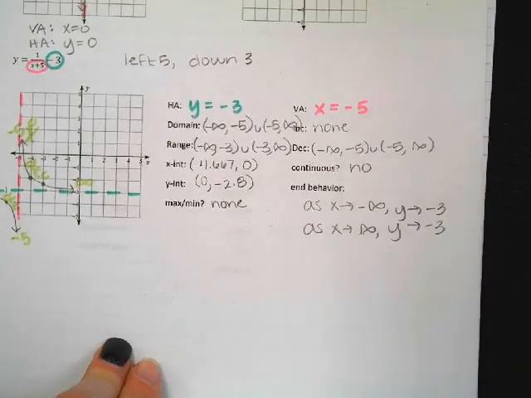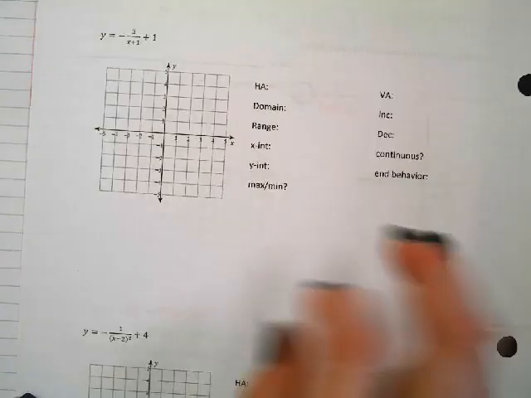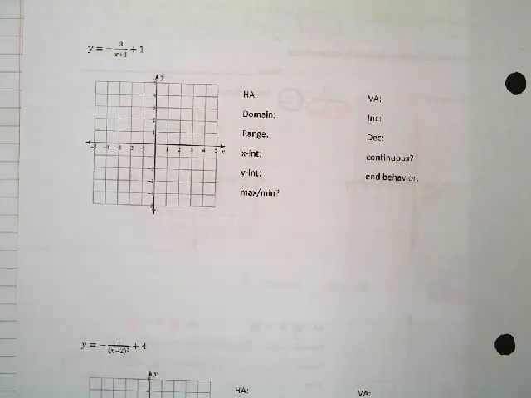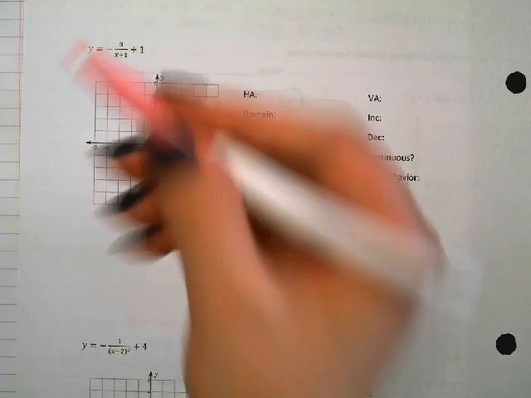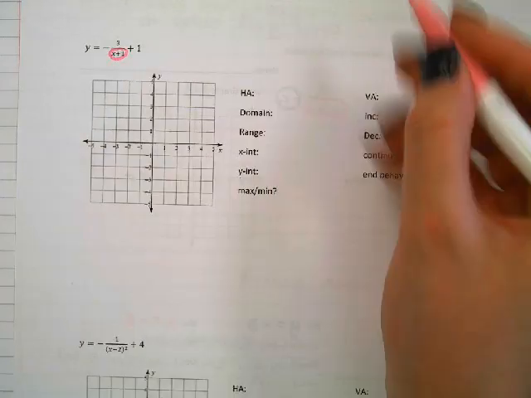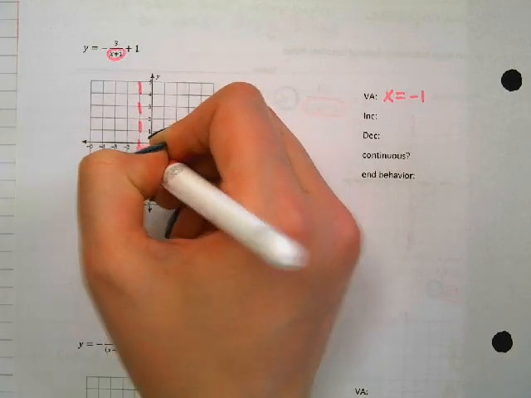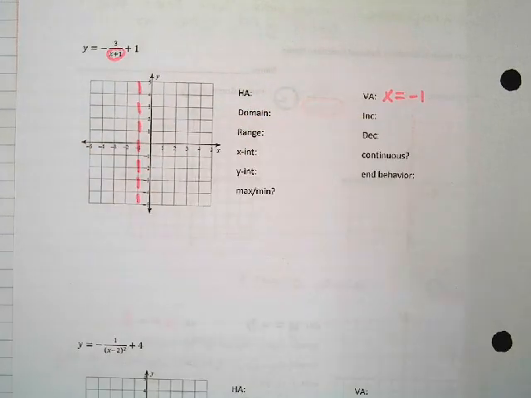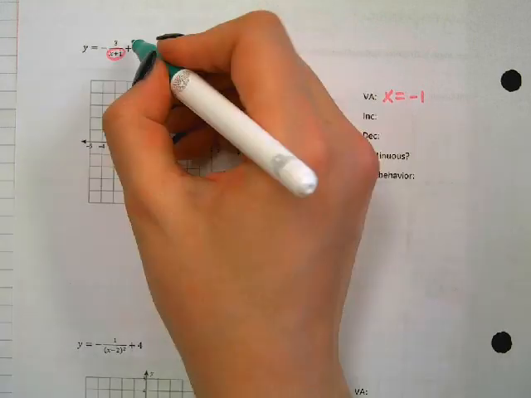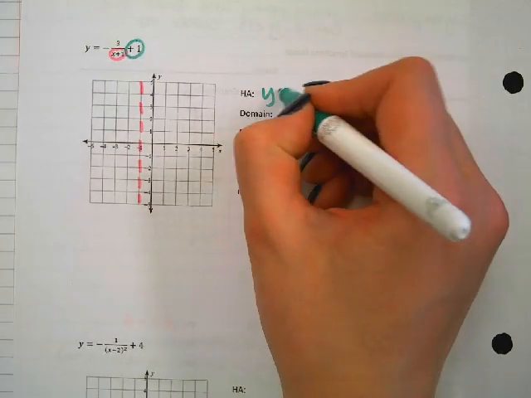All right, let's go ahead and do the next example. So again, we can go ahead and look and we see that the vertical asymptote is -1 and the horizontal asymptote is +1.